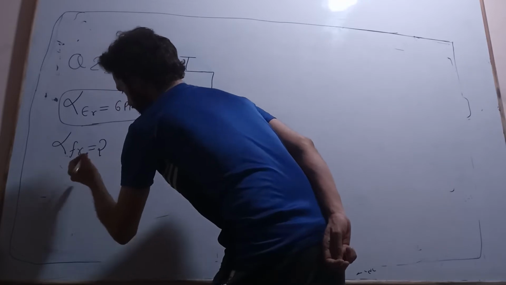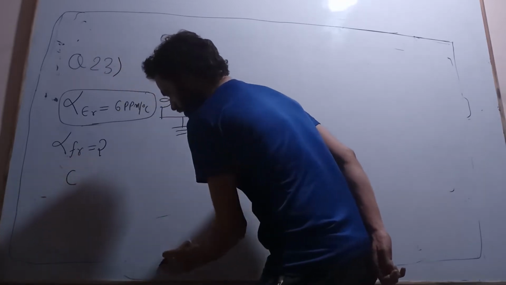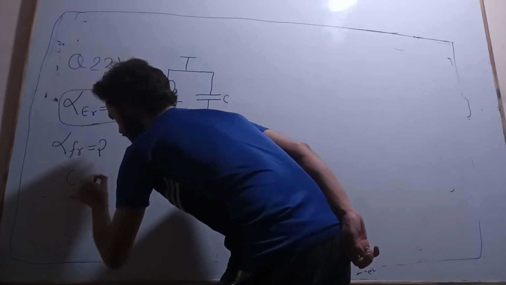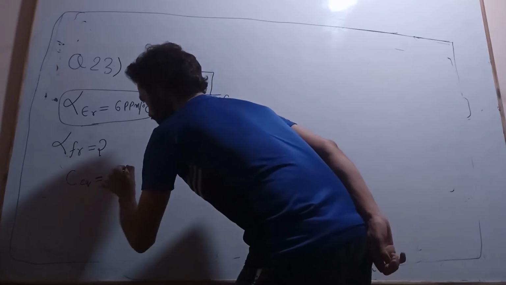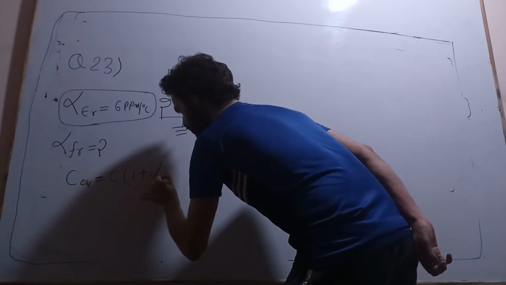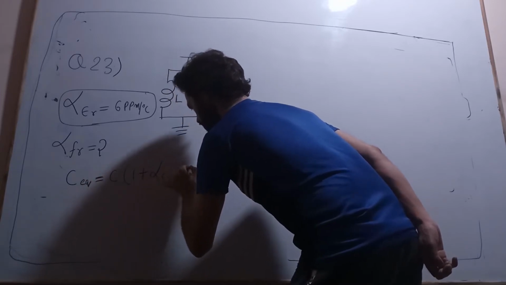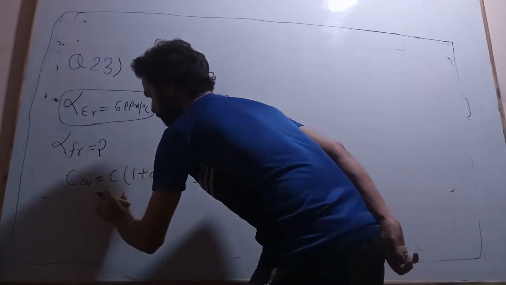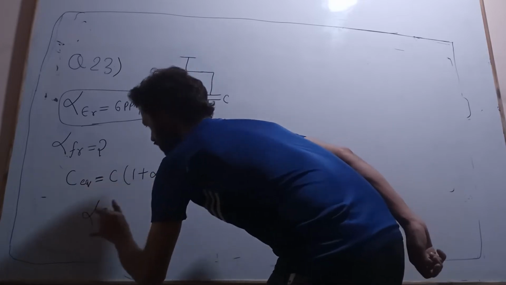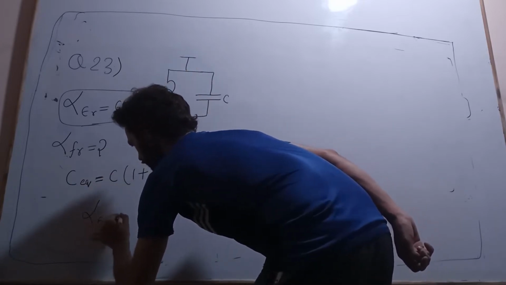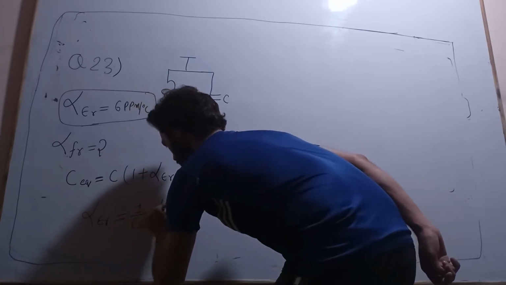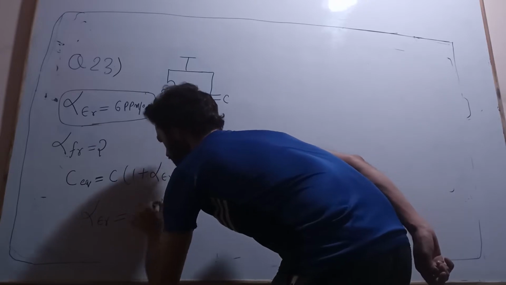As we know, capacitance in case of temperature is given as C equivalent is equal to C into 1 plus alpha epsilon r into delta T. So this is for capacitance in case of temperature, where the temperature coefficient of capacitance is given as 1 by C dC by dT.